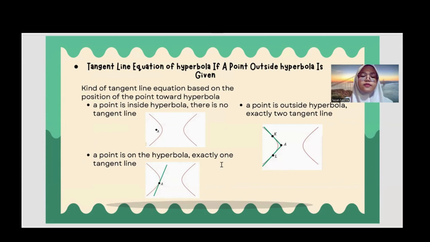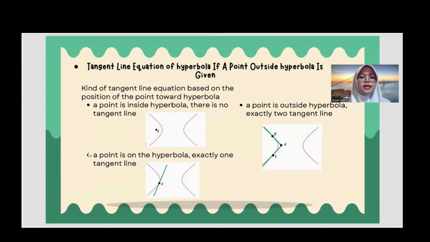But before that, we have to know the kind of tangent line equation based on the position of a point towards the hyperbola. The concept is actually the same as the parabola that we've already discussed.